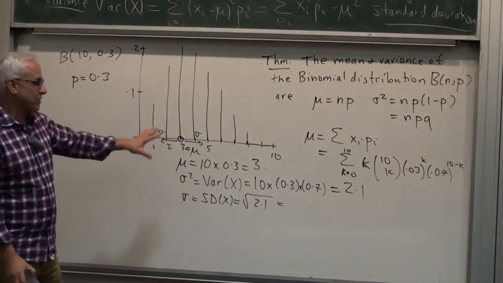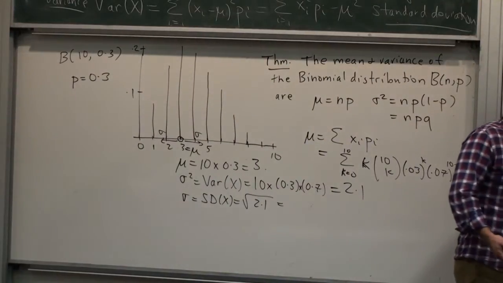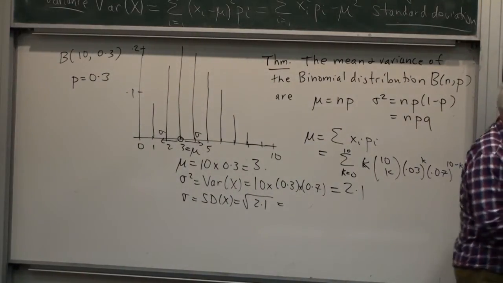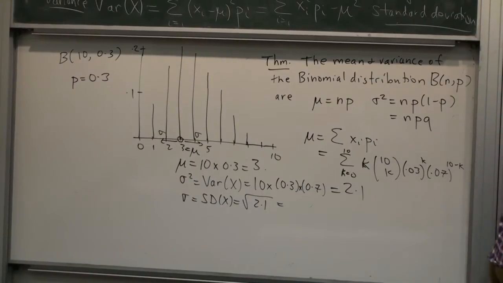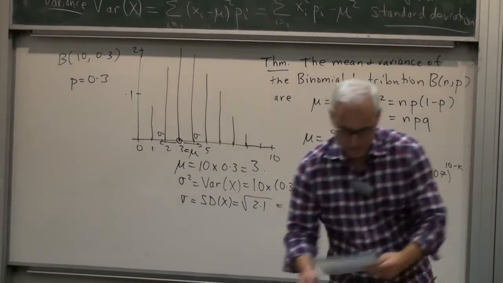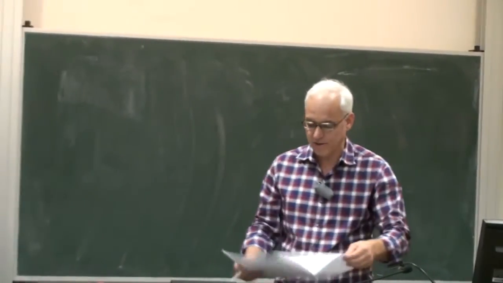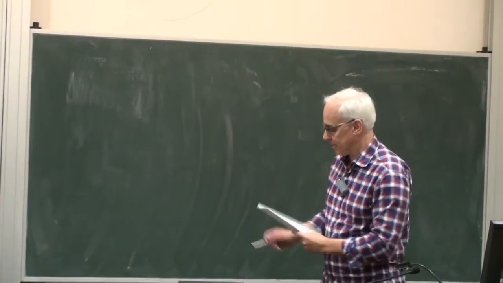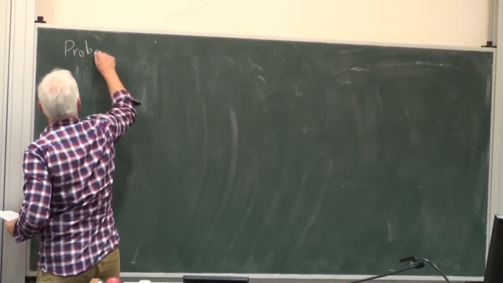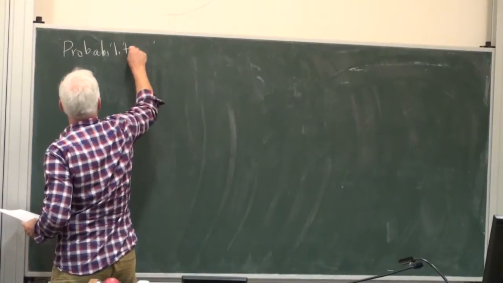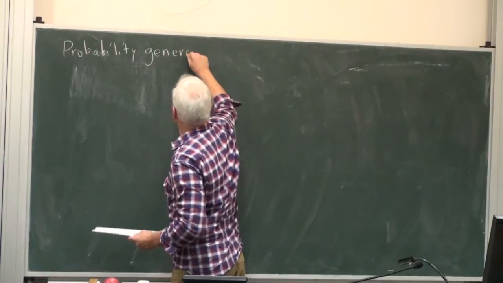And for more complicated distributions, we can get complicated sums like this. So there's a bit of a trick involving some calculus to calculate means and variances. So I'm going to show you this pleasant trick. Well, maybe not a trick, but it's also a way of thinking about things that's useful in other contexts too. It involves something called probability generating functions.